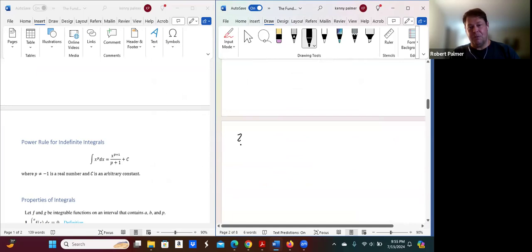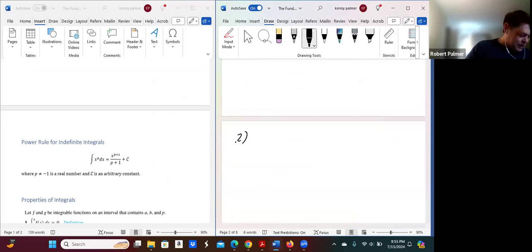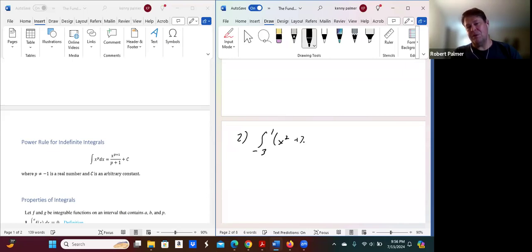Okay, number 2. All right, so this time let's do one where we're combining some of these ideas. So let's say we take the integral from -3 to 1 of x squared plus 2x dx.